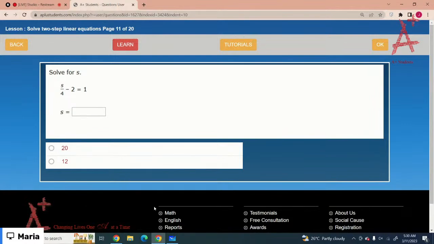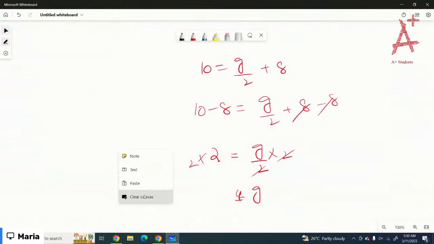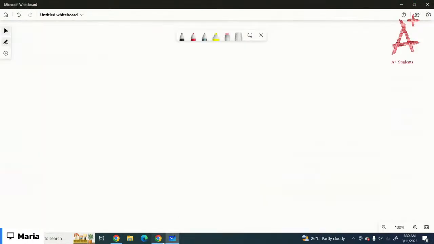Okay, s divided by 4 minus 2 equals 1. So first of all, you have to remove 2 from here. 2 is being subtracted from here, so just add 2 to both sides. So 2 minus 2 is 0.